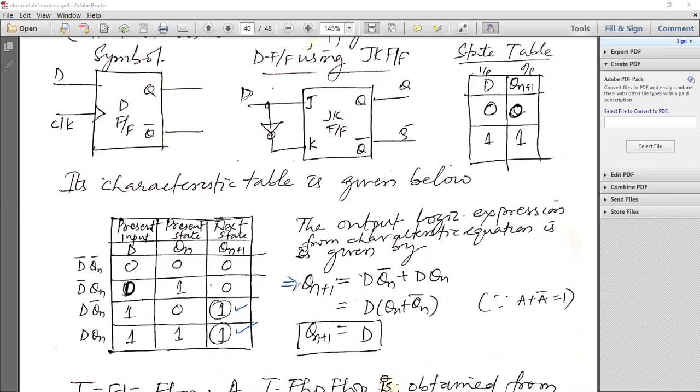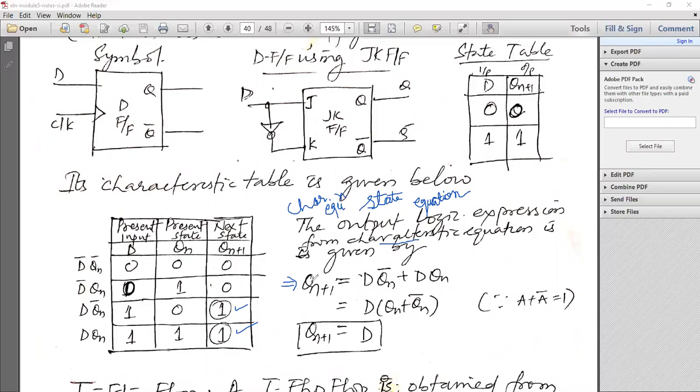That is also called the characteristic equation or state equation, S-T-A-T-E. State equation or characteristic equation. So this is what is written here.